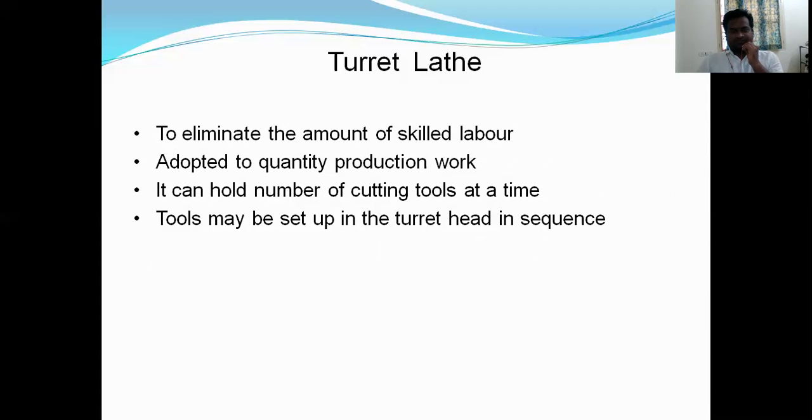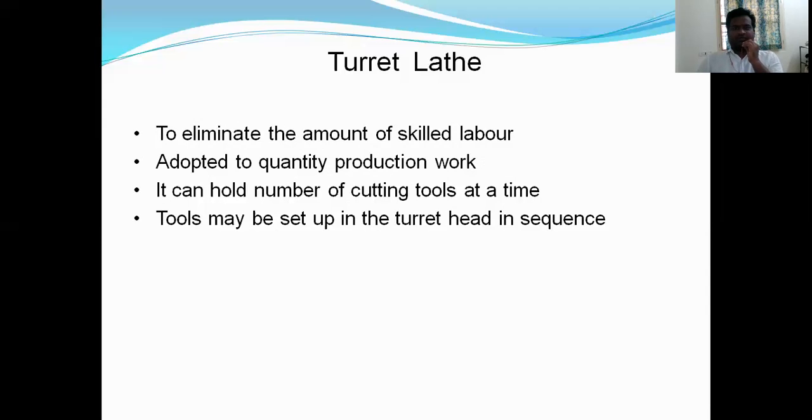After that, we provide a boring tool, because the hole produced may not get its exact dimensions. So for that we provide a boring tool in the tool magazine.